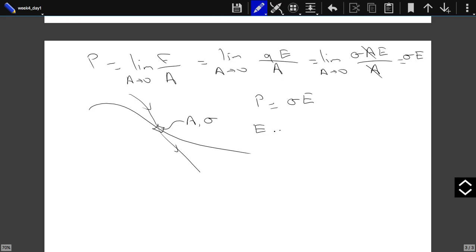What is this E? Which E should we use? We have a surface charge density. We know that the electric field is not continuous. So should we use the electric field that we obtain when we approach the surface from this side, or the electric field that we obtain when we approach it from the other side?